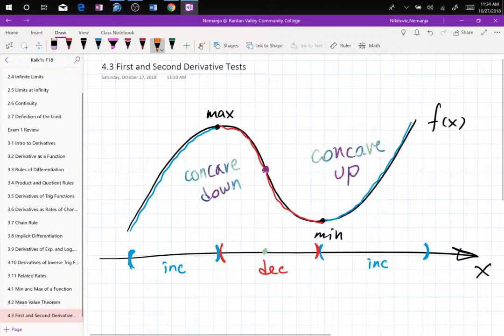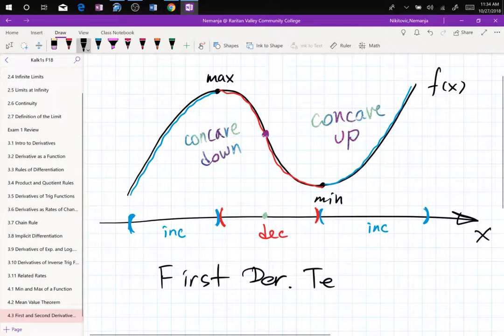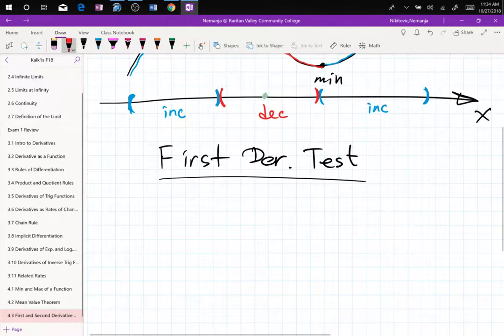So what do we have? Well, the first derivative test is going to give us increase, decrease, min, and max. First derivative test. Theorem.